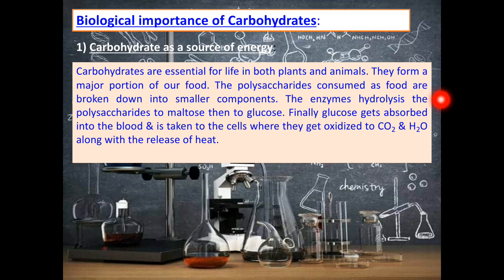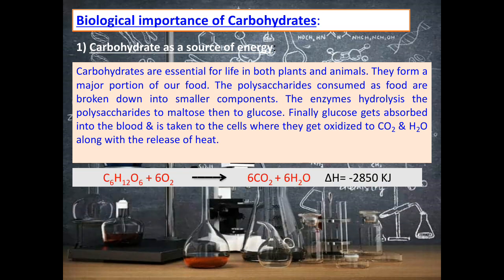We take the food, it undergoes digestion, produces glucose, which moves to every cell through the blood. The blood carries the glucose, where the glucose undergoes oxidation to produce carbon dioxide and water. During this process, oxidation of glucose, energy is released. Look at this equation. It's the oxidation of glucose equation.